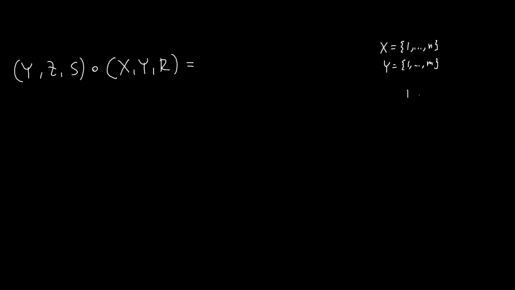Then you set up this matrix with n columns, and your rows are m many of them. So now you've got these spaces, these slots where you can insert things, right?